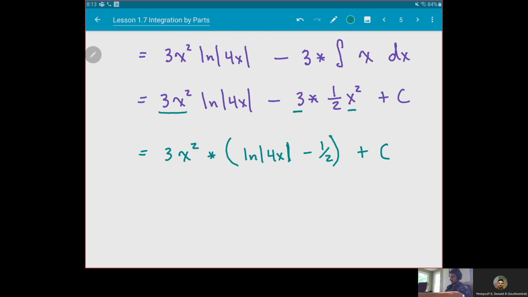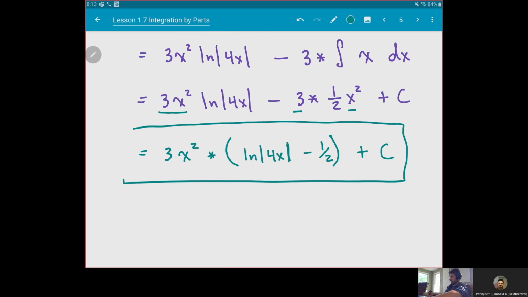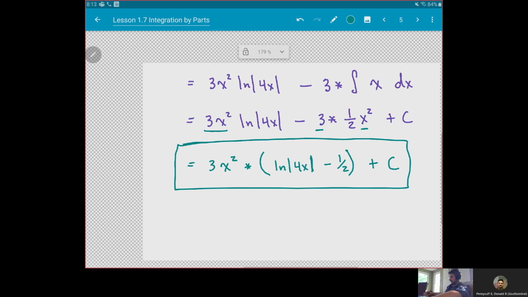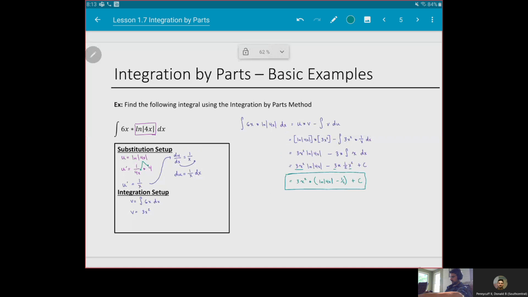All right, so we were able to factor some pieces out that made it worthwhile to actually do some factoring. All right, any questions about this one? Any questions at all? Yeah.